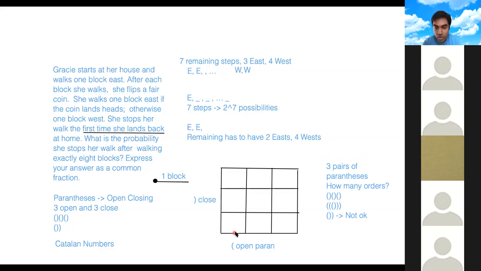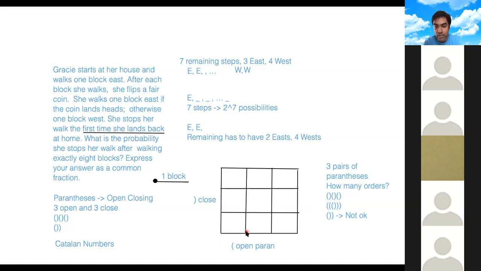I did an open first, then a close, then an open, close, open, close. Each step I can move up or to the right, corresponding to whether I'm opening or closing. So any of these parentheses combinations can be mapped to some path on this grid.